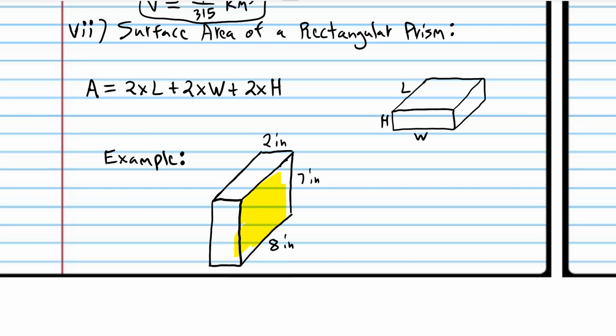You know what? I just realized that this formula is incorrect. Sorry about that. I'll plug in the right formula here. Length times height. I didn't even realize that formula was incorrect.